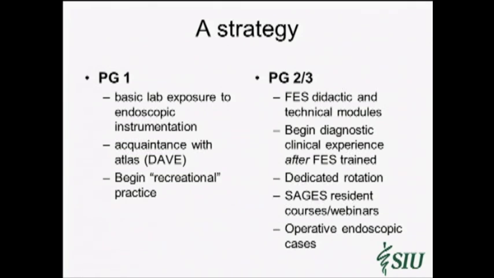I think the way that we would really do this well would be to start at the PG1 level and have them do labs, and we do this at our place, where they get exposure to basic endoscopic instrumentation. They start to familiarize themselves with GI pathology as seen through a scope using online atlases, and begin maybe some recreational practice activities with some of the game-like things that you've seen today and that are available in a variety of formats.